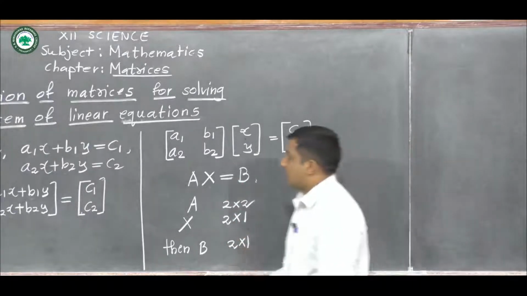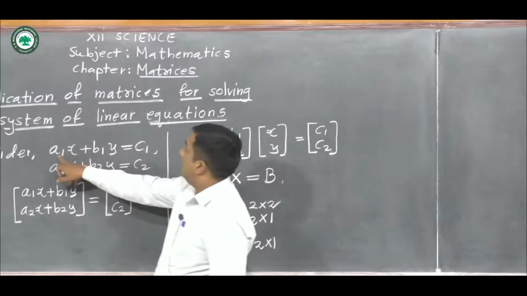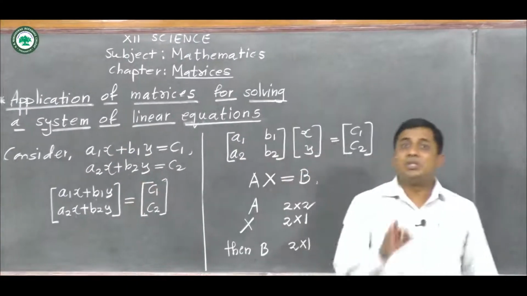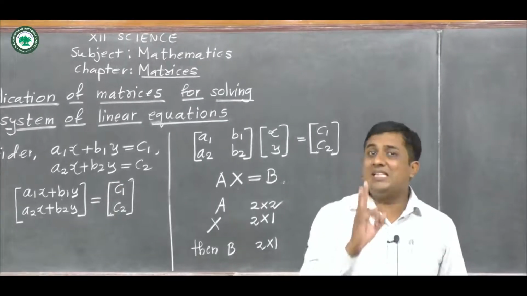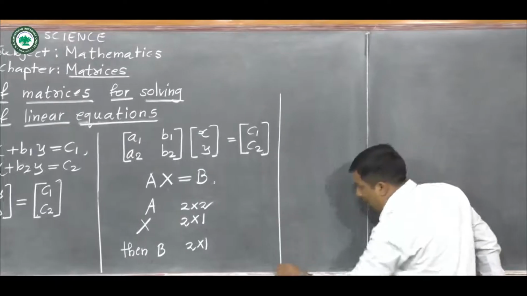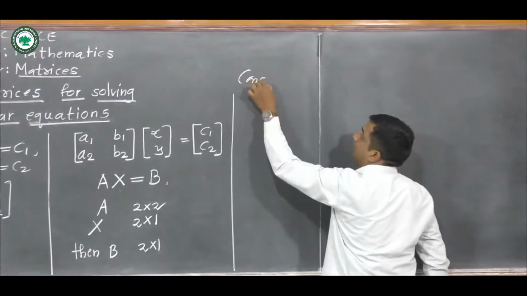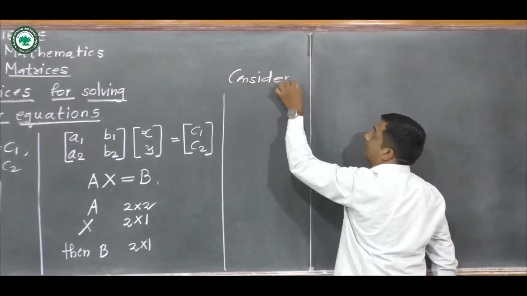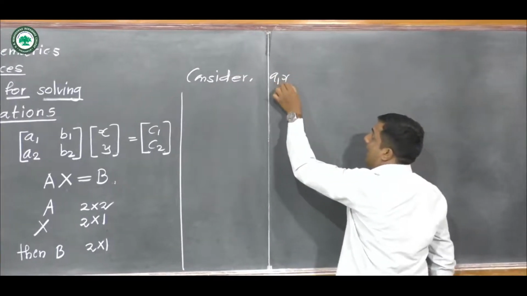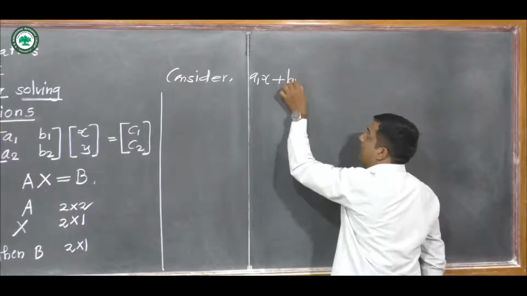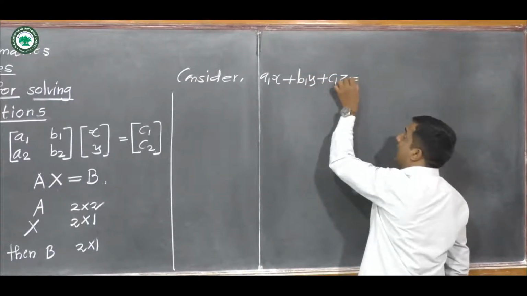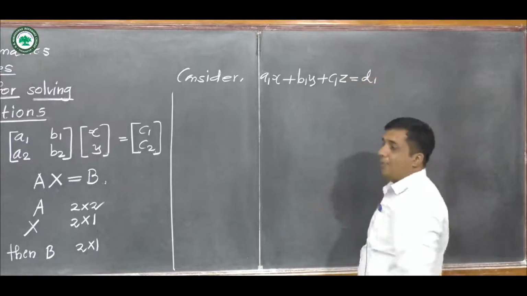So this is for this type of linear equation. If we have three linear equations with three variables, let us consider the three equations. The first is a1x plus b1y plus c1z is equal to d1.